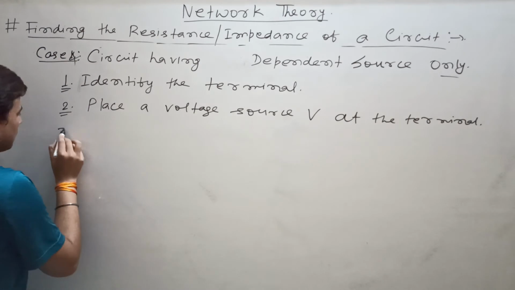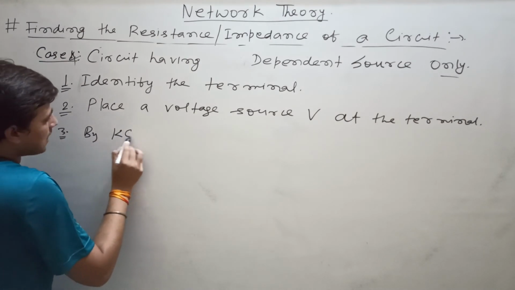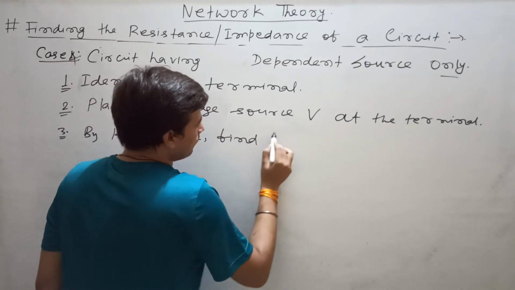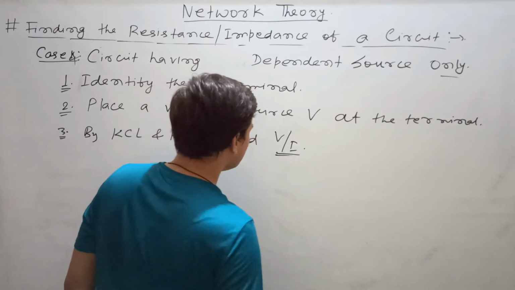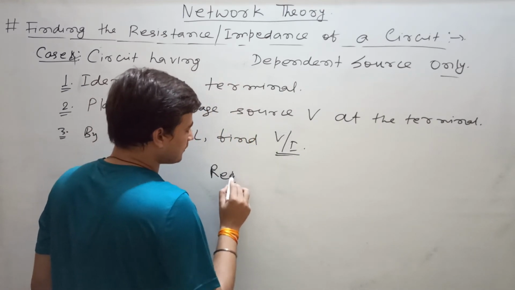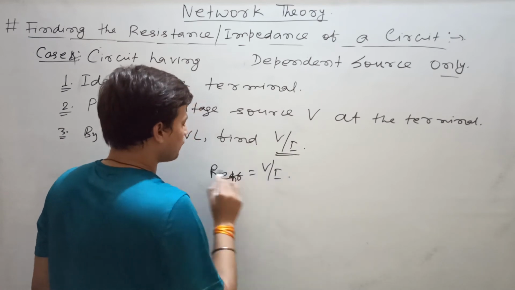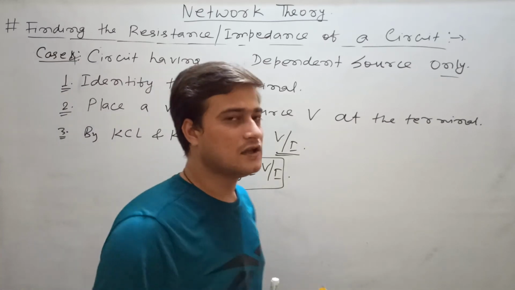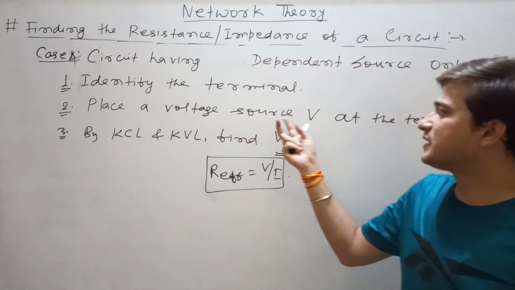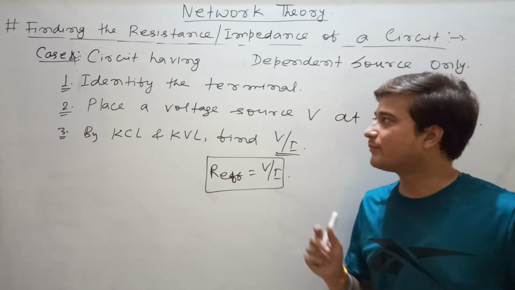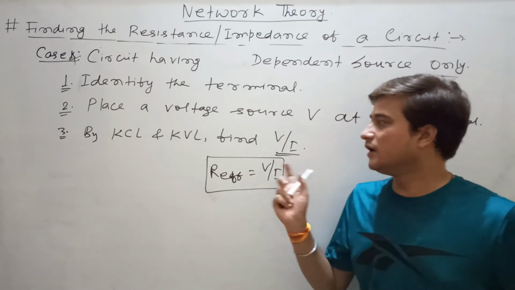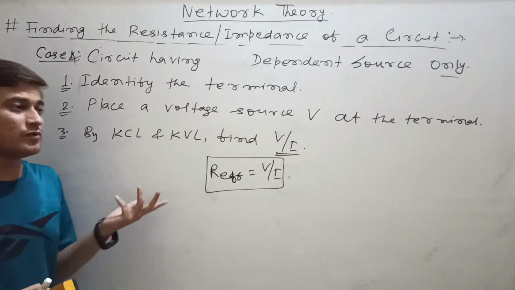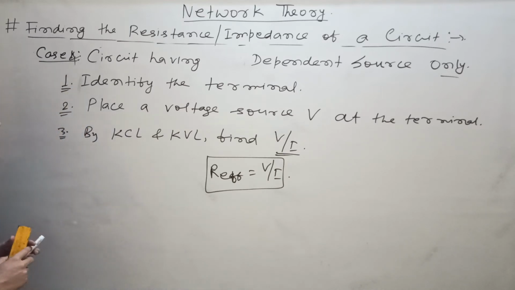Third step, by KCL and KVL, find V by I. And this will be equal to R effective and it will be equal to V divided by I. That means this time, since independent sources are absent in the circuit, you can directly place a voltage source V at the terminal after identifying the terminal, because you don't need to deactivate the independent sources, as they are not present in the circuit.